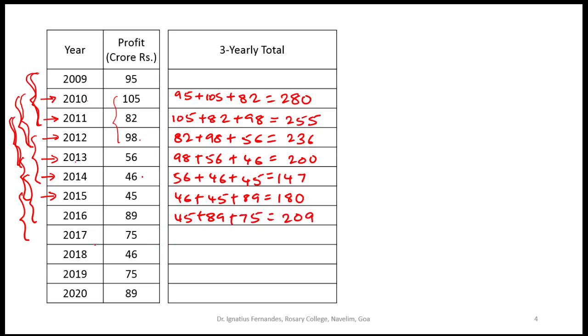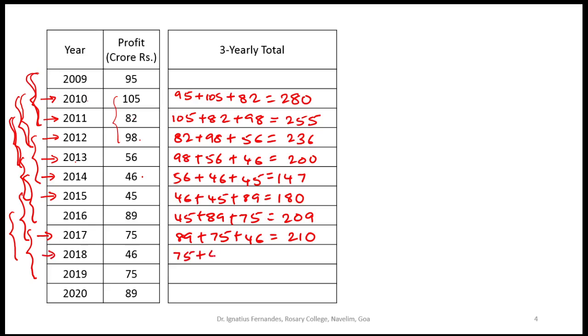Then the next year is 2016 to 2018. Okay, so middle year is 2017. So it is 89 plus 75 plus 46. This total will come to 210. Then it is 2017 to 2019, middle year is 2018.